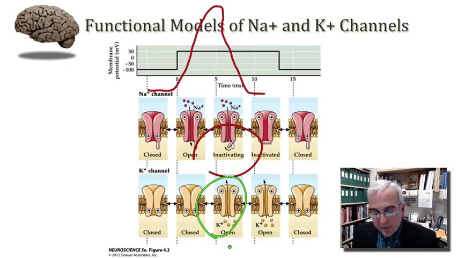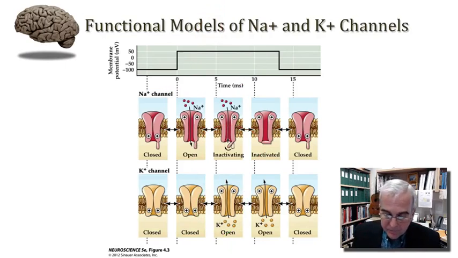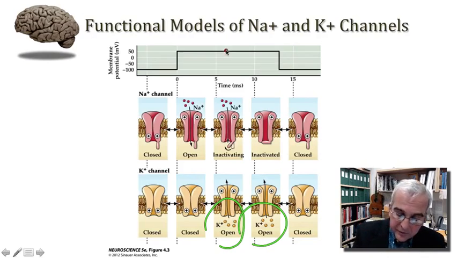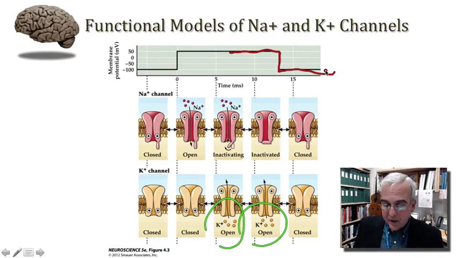Now notice the cytoplasmic surface of this potassium channel. There is no inactivation gate, at least on this particular type of potassium channel. So these channels are going to continue to remain in their open configuration, provided that we continue to depolarize this membrane, in this case with the voltage clamp experiment. It's only with the cessation of depolarization, that is, when we step back down near the resting membrane potential, that we induce a change in both kinds of channels.